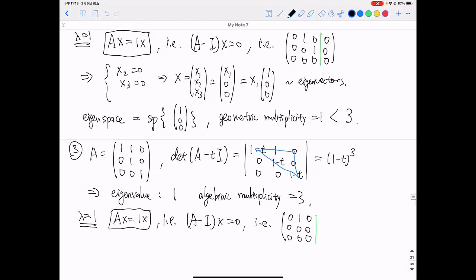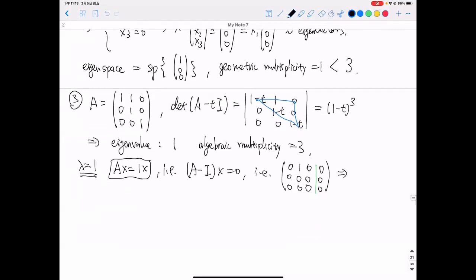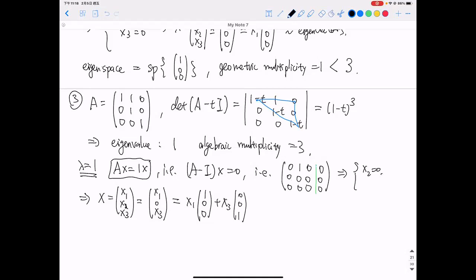And this is even easier than the previous example, because there's only one constraint: x2 is 0. So that means the vector x is of the form x1, 0, x3. Now this is x1 times 1, 0, 0 plus x3 times 0, 0, 1. And these are all the eigenvectors.